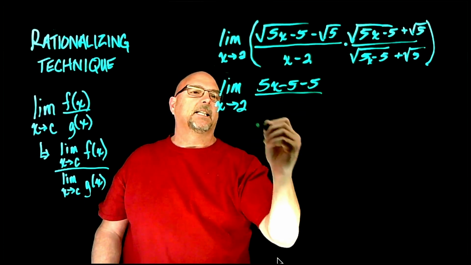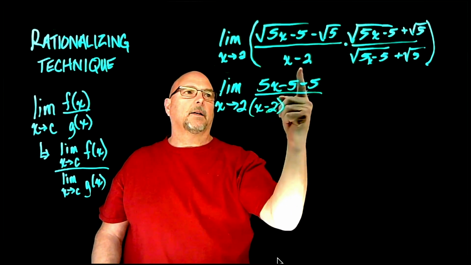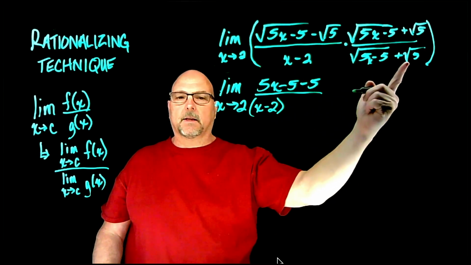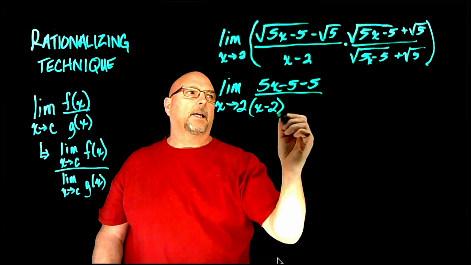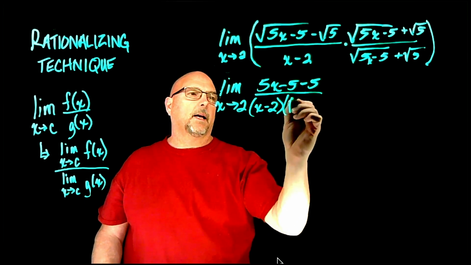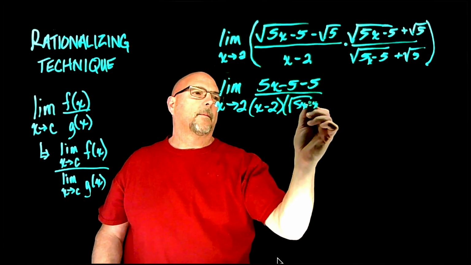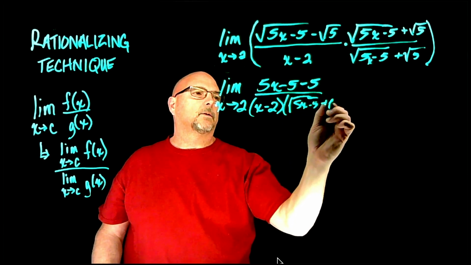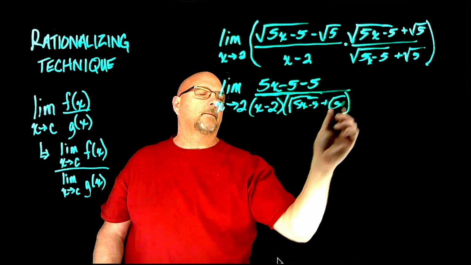So in the bottom, we still have our x minus 2. I'm not going to FOIL with this because I'm going to end up canceling, I think, an x minus 2. So let's just write out what we have, plus root 5. All right, there we go.